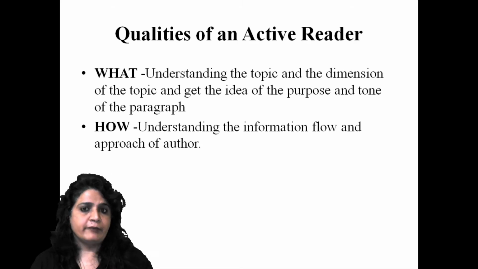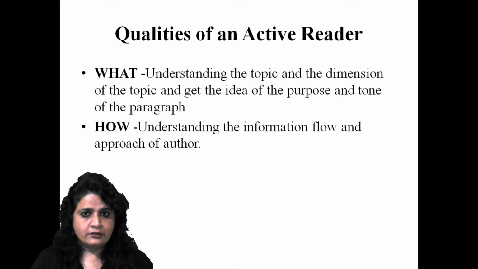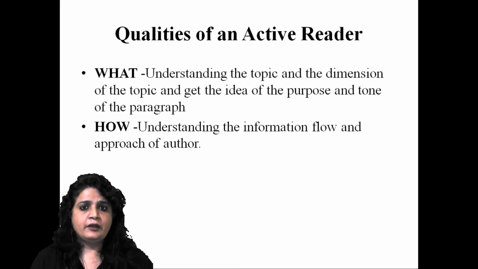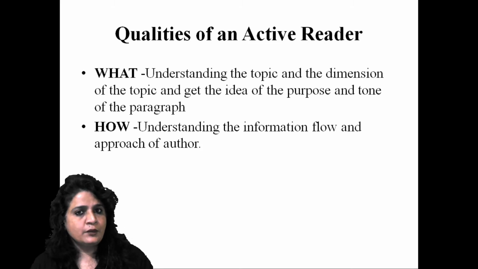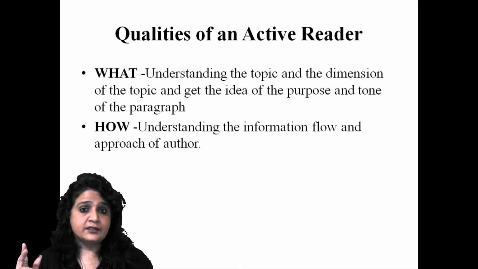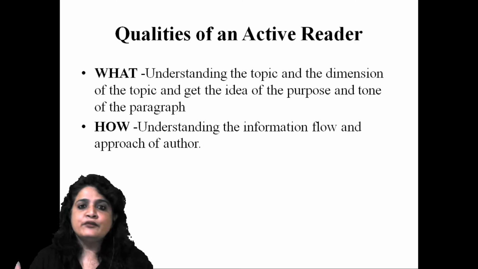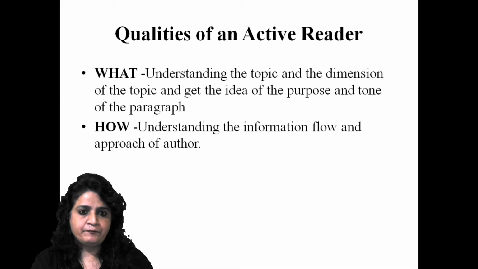Is he talking about the benefits? Is he talking about the disadvantages? Is he talking about the careful processing of nuclear energy, or other aspects? So nuclear energy is the topic; these are the dimensions. Which of these dimensions is covered in the paragraph? Understand that, and it will be easier for you to order your sentences.